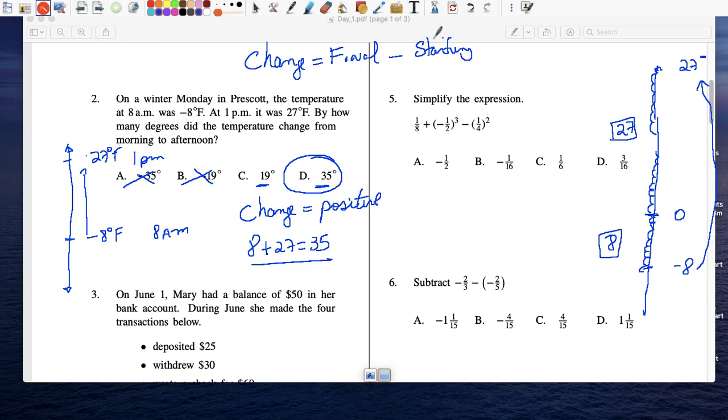So final temperature in this case 27 minus the beginning temperature, which is negative 8. Remember, you can rewrite the subtraction as an addition by adding the additive inverse of negative 8, which is 8, and you get 35.